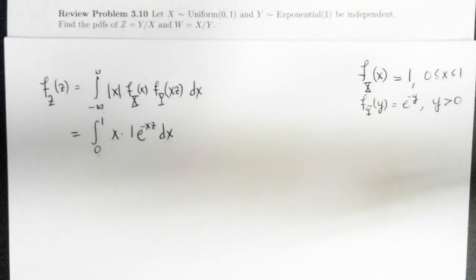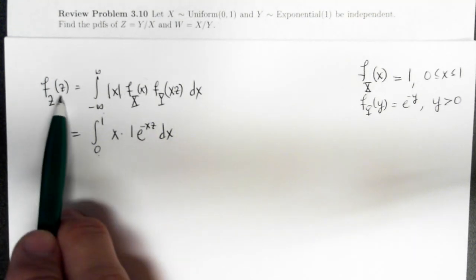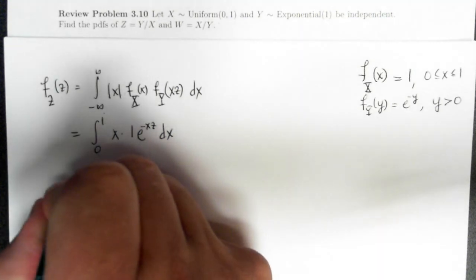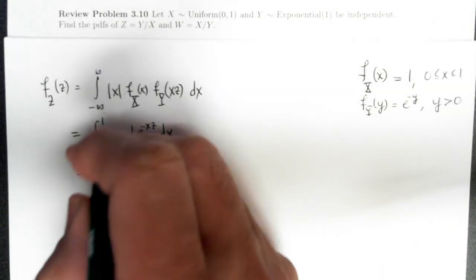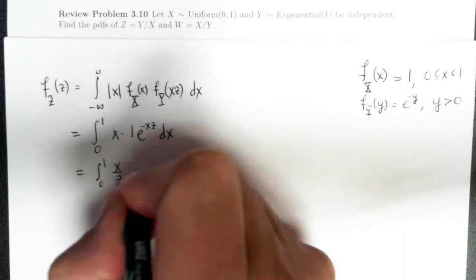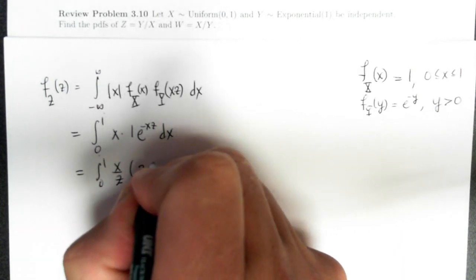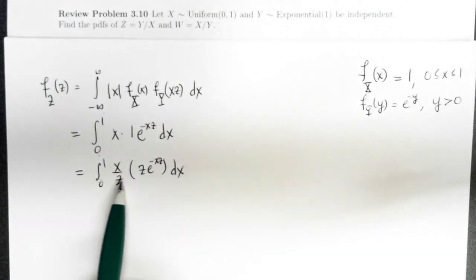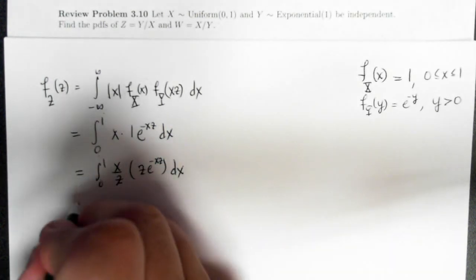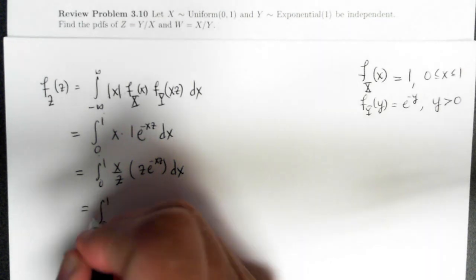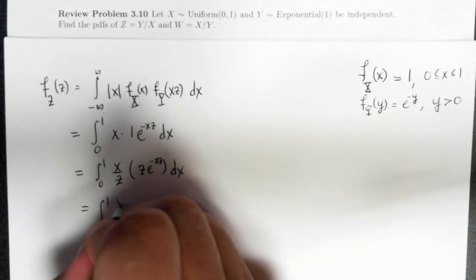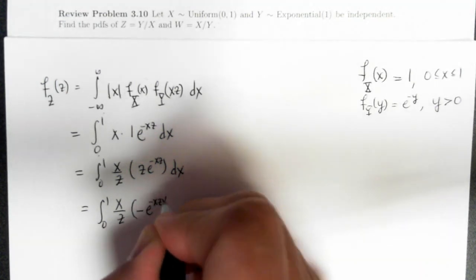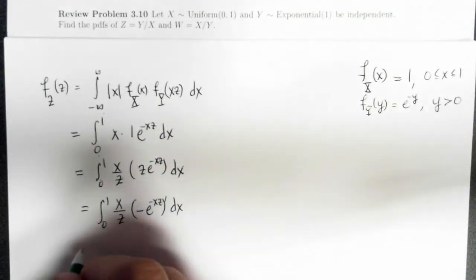And when I compute this integral, it will be a function of z because the left-hand side is a function of z. Okay, so to do this integral, we have integral from 0 to 1. Let me write this as x over z times z times e to the minus x times z dx. So introducing an extra z here and here. And the reason I do that is so that I can integrate by parts. So x over z times negative e to the minus x z prime dx.